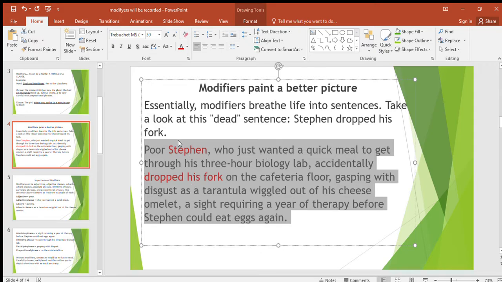As you can see, here we have many modifiers helping you imagine the scene. Let's say you're watching a movie, or listening to a radio, with these modifiers you can easily picture the scene that's happening, everything around the character.